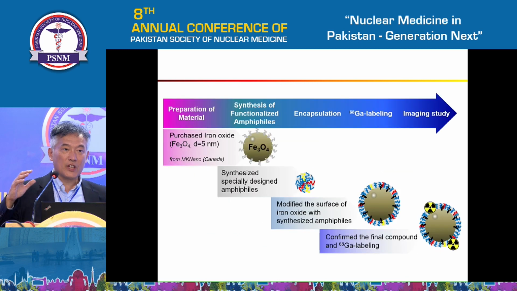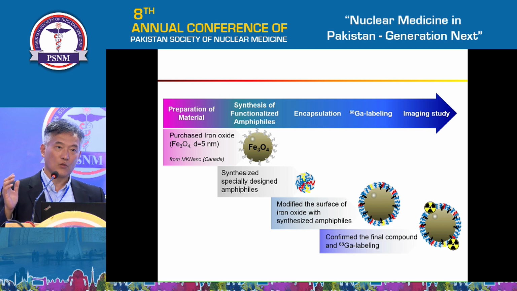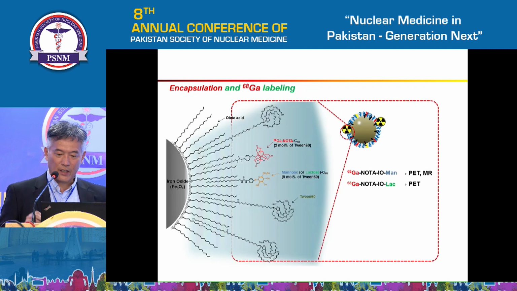So firstly, we applied that to the quantum dot, and next was the iron oxide nanoparticle, and we could do PET/MR studies because the iron oxide nanoparticle gives an MR signal.